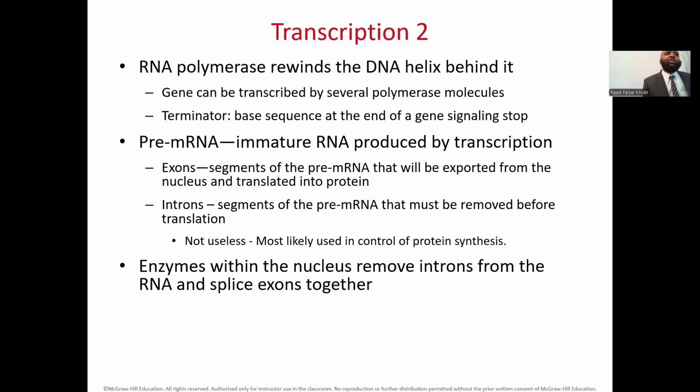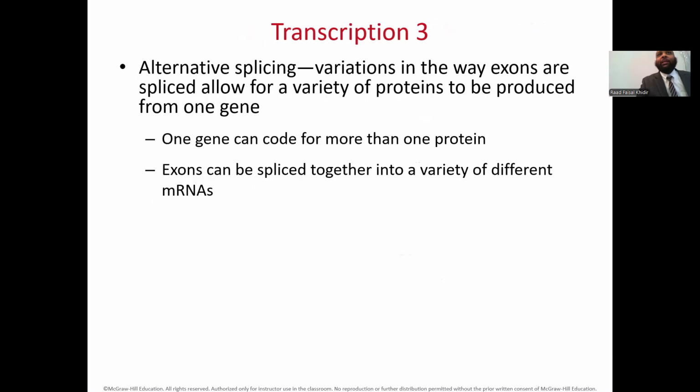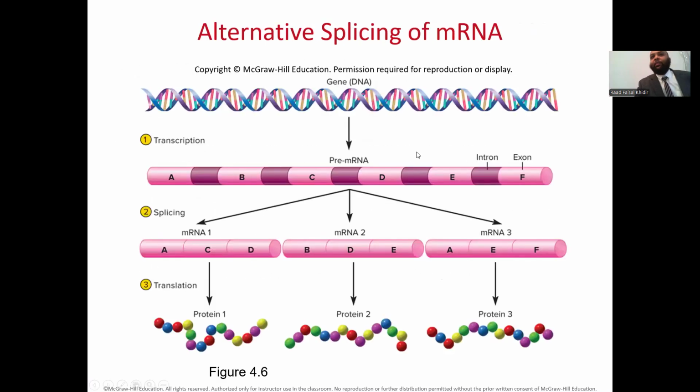Now, there are regions in the mRNA that must be cut out and regions that are kept. Region A, we want that. Region B, C, D, E, F, we want those. The ones in the middle need to be removed.